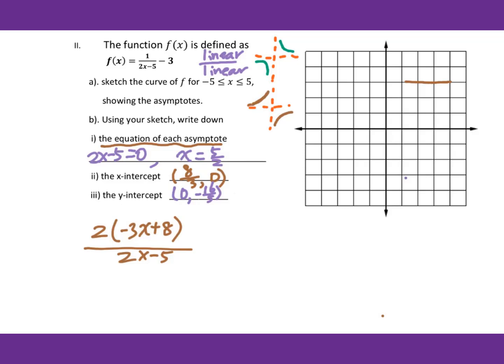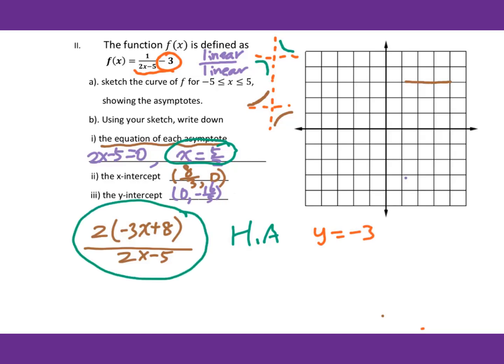We need to get a horizontal asymptote line. We already got a vertical asymptote line. Horizontal asymptote line, if this is the format, y equals negative 3 will be the horizontal asymptote line. Or you can get it from this type of rational function.